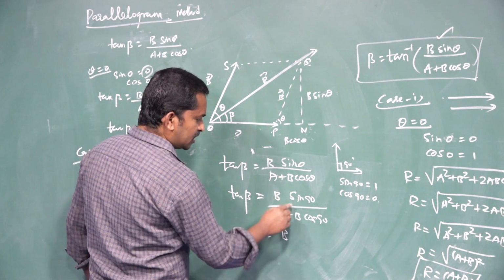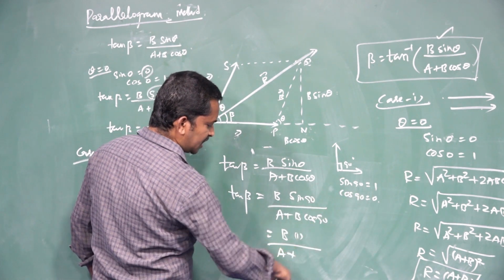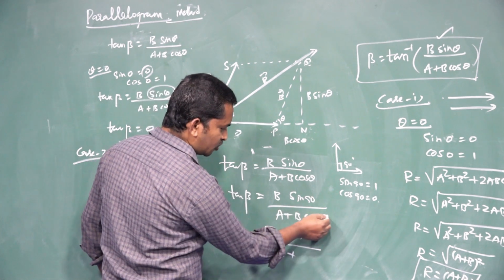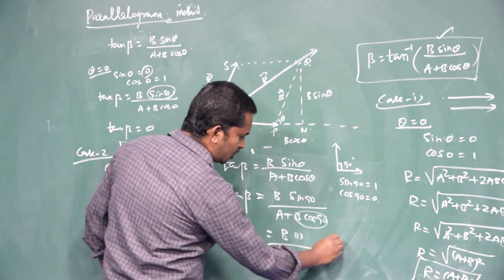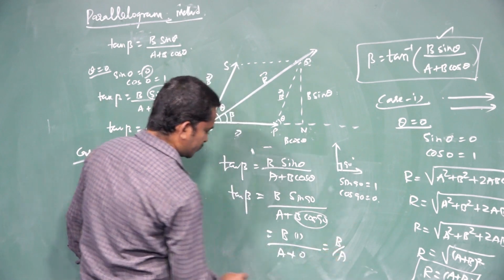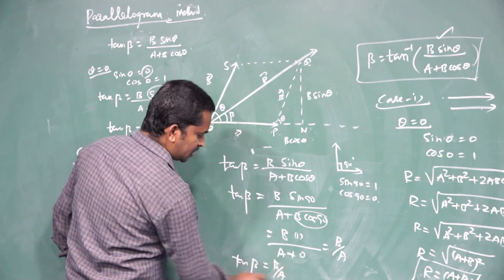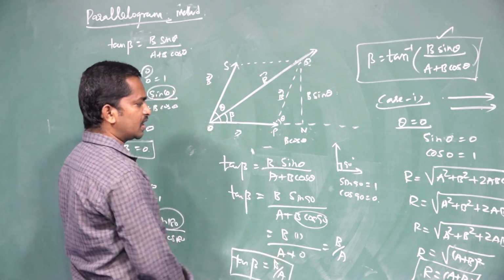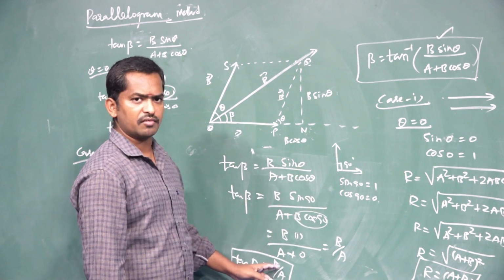B sin 90 value is B, divided by A plus B cos 90, and this term is 0, which is equal to B divided by A. So tan beta is equal to B divided by A when two vectors are perpendicular to each other. This is very important: tan beta is equal to B by A.